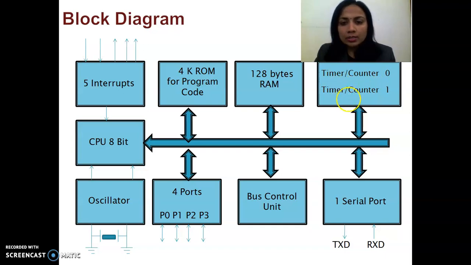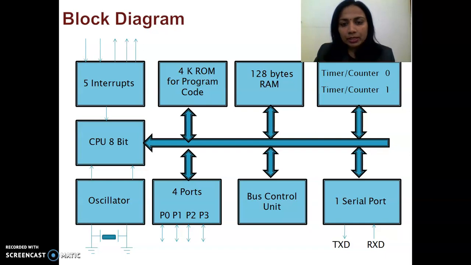The next block is 128 bytes of RAM. The RAM of 8051 is divided into 128 bytes, which is in 3 sections. The first section is of 32 bytes, which is called the register bank.